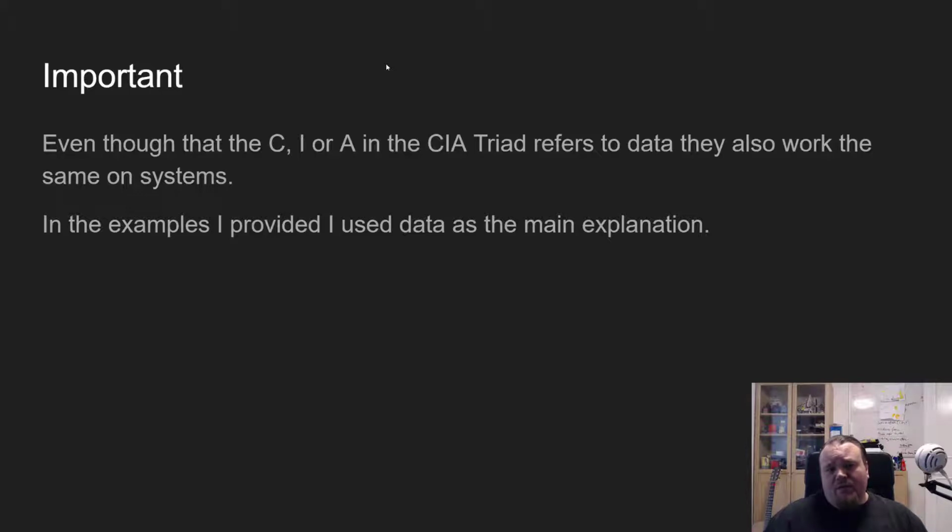It is of course very important to operate within the CIA, confidentiality, integrity, and availability, and it doesn't really matter if it's for data or systems or whatever it is. It's the same thing.